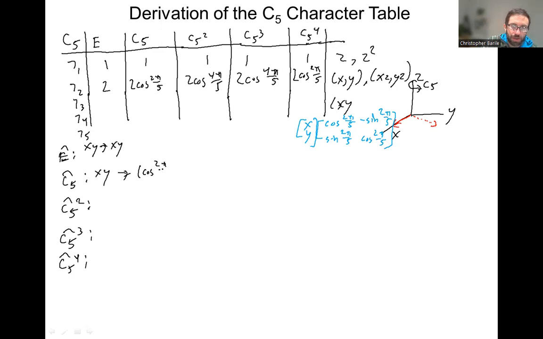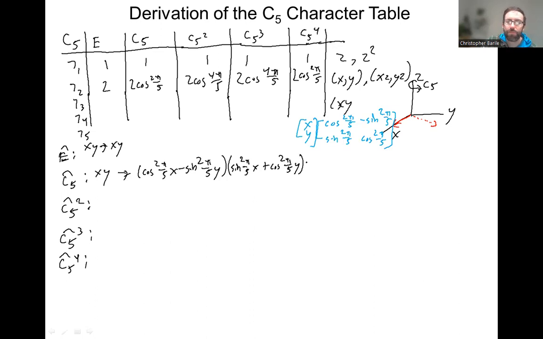cosine 2 pi over 5 x minus sine 2 pi over 5 y, and y, we're going to multiply it now because we're doing xy, y goes to sine 2 pi over 5 x plus cosine 2 pi over 5 y.